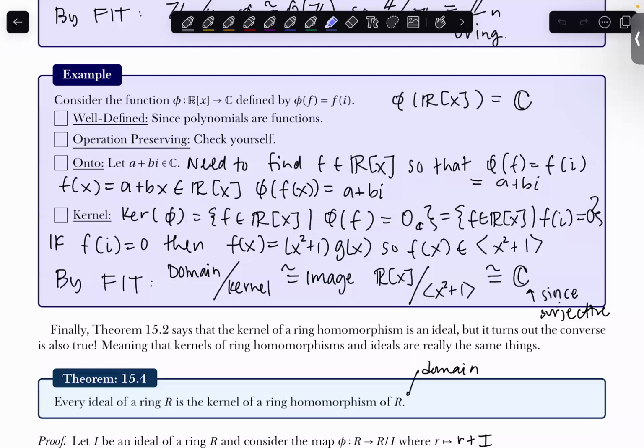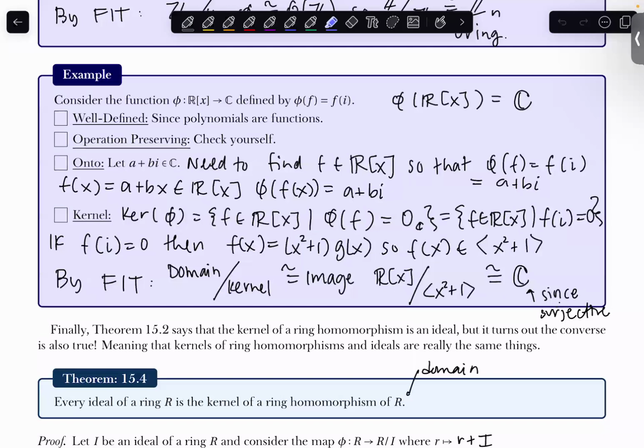And then we studied what the kernel was here to tell us if I take the polynomials with real coefficients and I mod out by this ideal generated by x squared plus 1, which is really the smallest polynomial in here that has i as a 0, I get back all the complex numbers. And really, my real numbers are just missing that i. As soon as I have i in there and I know I have a ring, I'm going to have all of my complex numbers.